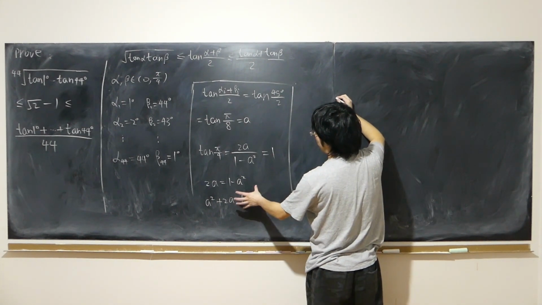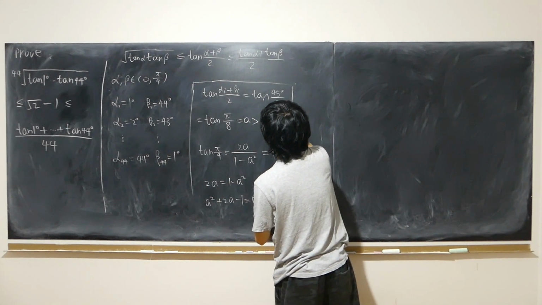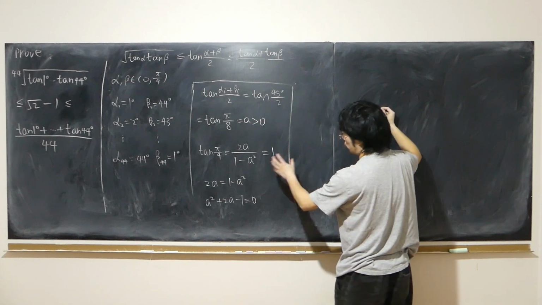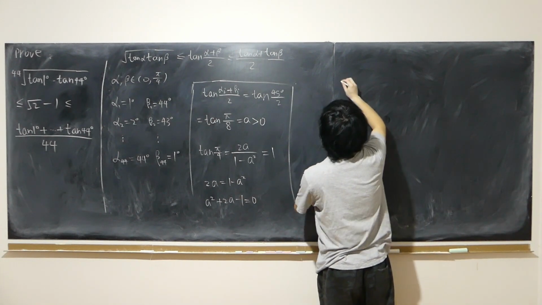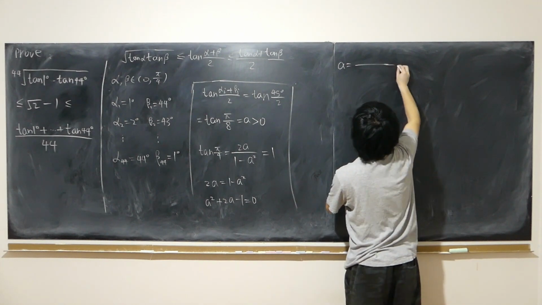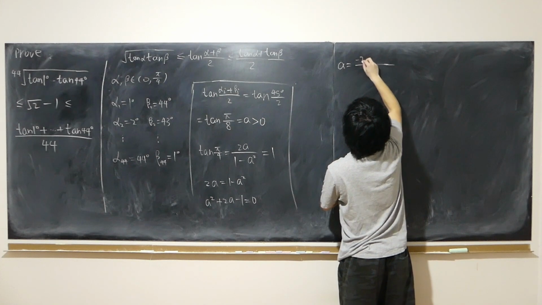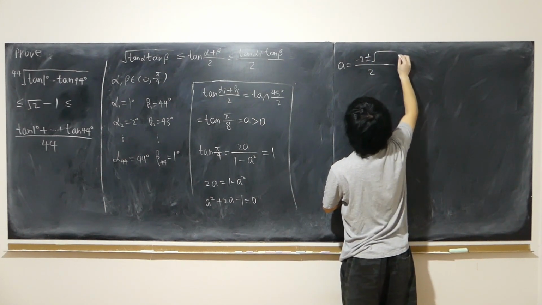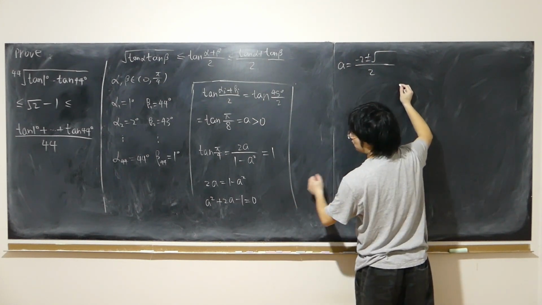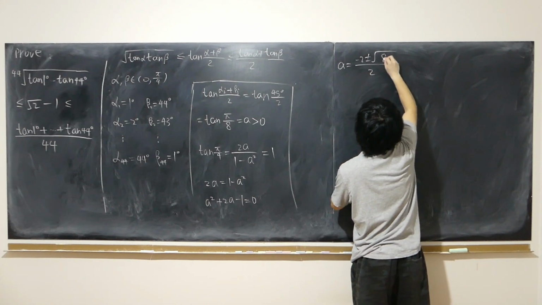So I require a to be bigger than 0, so I'm going to rule out the negative root. In that case, a is equal to half of minus 2 plus or minus the square root of 2 squared plus 4, that is 8.